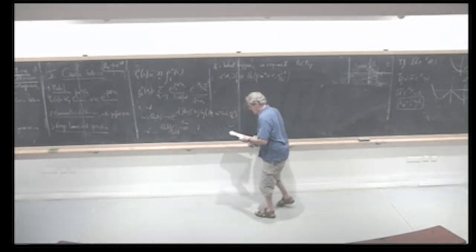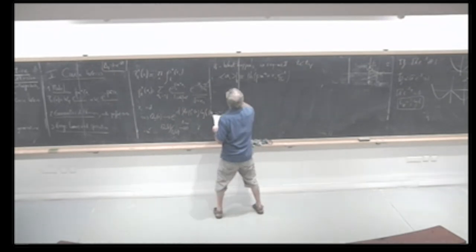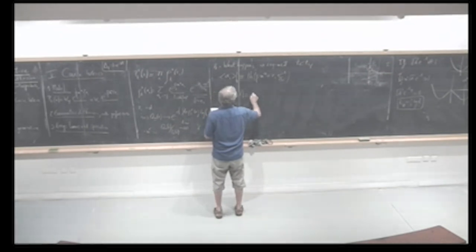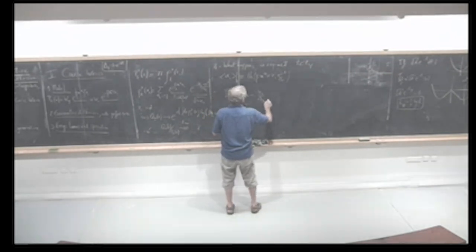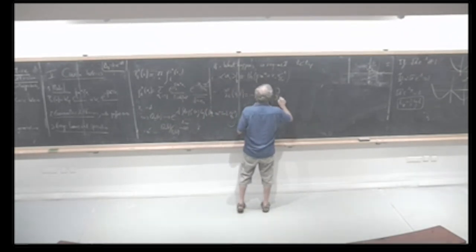And then if I plug that into my usual formula for the score, I find that s_i of x and t is equal to minus xi over delta t plus the tanh, which I can write as the derivative of the log cosh.